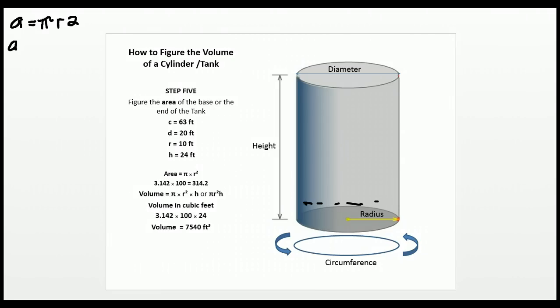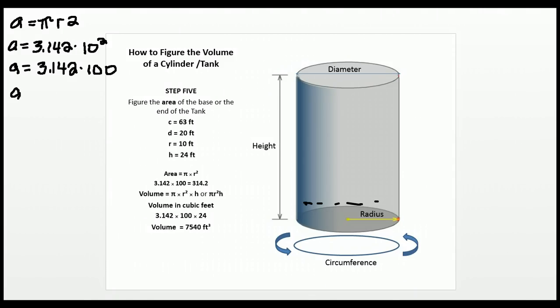So A is going to be equal to 3.142 times, we said that r was 10, so 10 squared. 3.142 times, what's 10 times 10? It's 100.